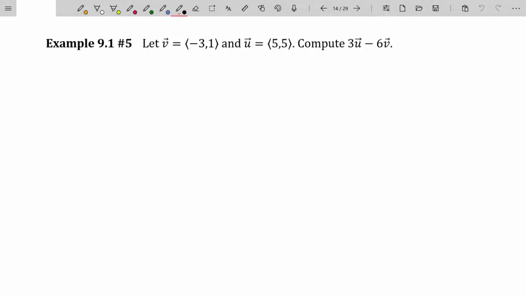Here are our friendly vectors we've been dealing with for the past few videos. Let v equal negative 3 comma 1 and u equal the vector 5, 5. Compute 3u minus 6v.